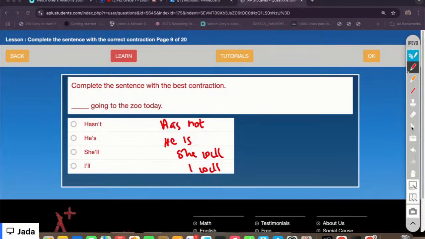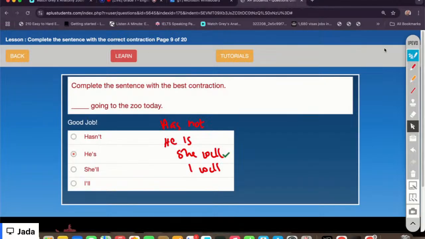So, he is going to the zoo today. That's the right contraction.